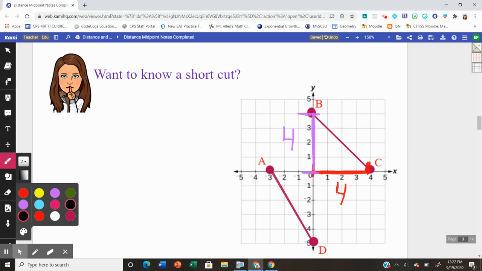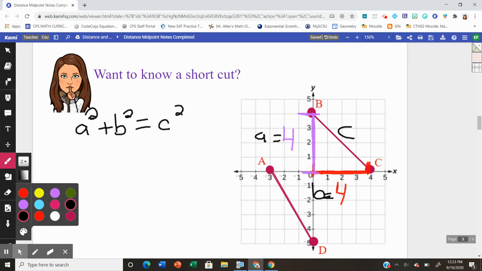Pythagorean theorem, a squared plus b squared equals c squared, where a and b represent the length of the 2 sides or legs of the triangle, and c is going to represent the hypotenuse. So for us, a is 4 and b is 4. C is actually going to be what we're looking for.